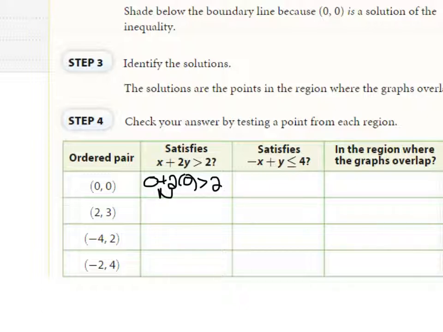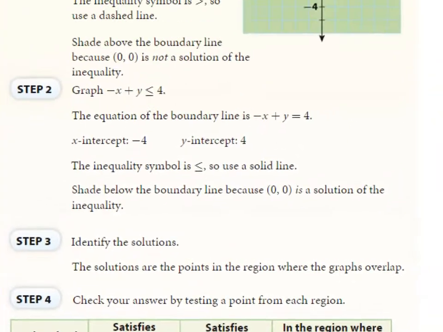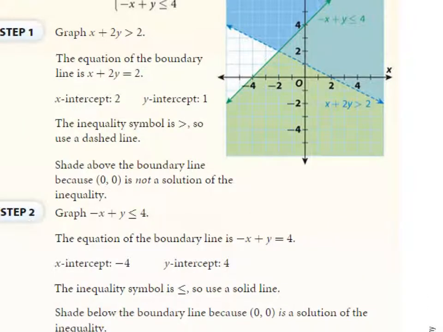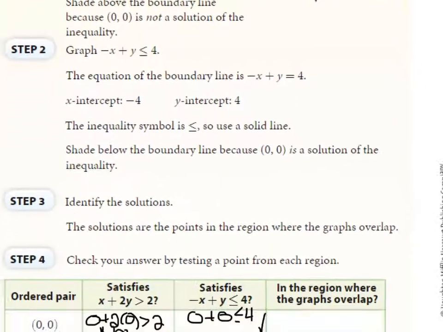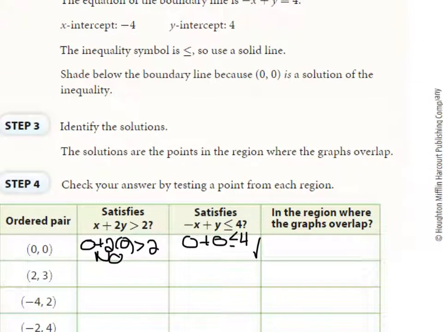And that's a no. Negative x, which would be negative 0, which is 0. 0 plus 0, is that less than or equal to 4? That one's a yes. But even though it satisfies one of them, is 0, 0 in the region where it overlaps? And the answer to that is no. And that makes sense because it's not a solution for both.